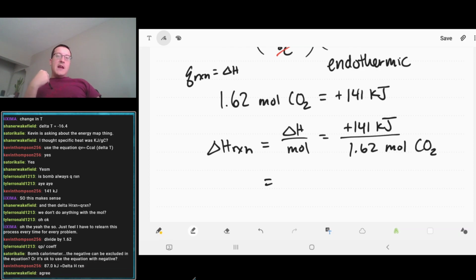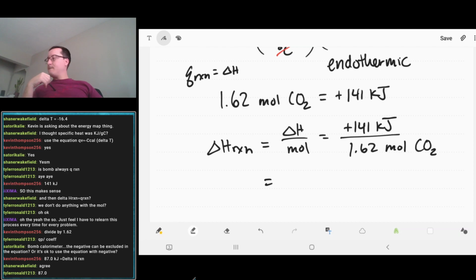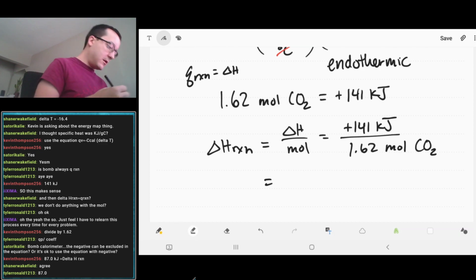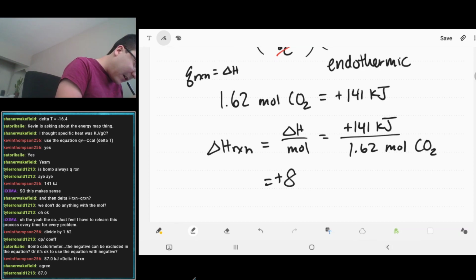Because we never look at the surroundings for a bomb calorimeter, we should include the negative. I would include the negative there, just because we can solve for Q reaction directly, which is a little bit easier on us. So I would keep the negative there. Looking at this, we got kilojoules per mole CO2.